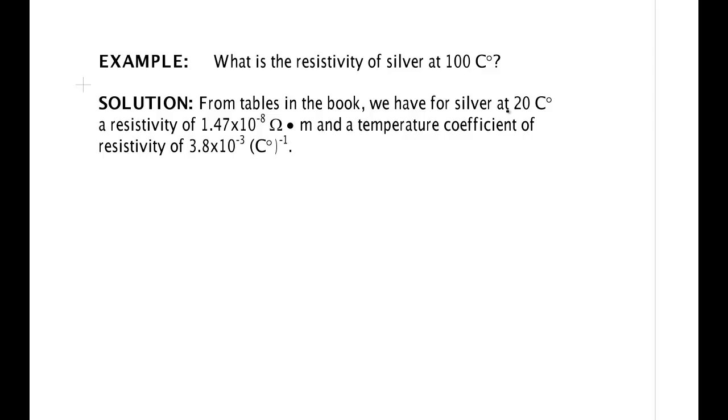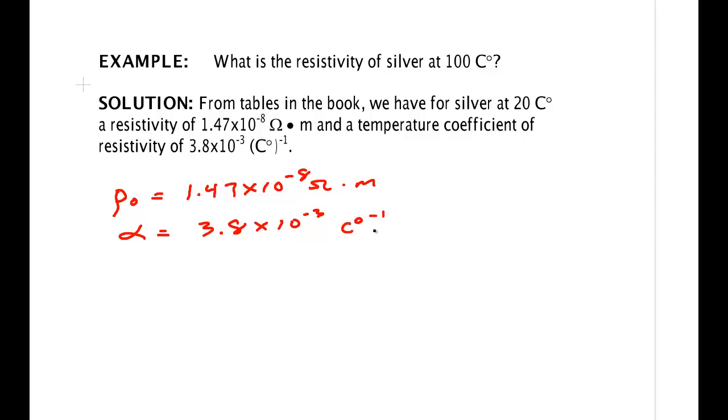It says we have silver, and they want to know the resistivity at 100 degrees. Well, I know it at 20 degrees. It's 1.47 by 10 to the minus 8 ohm meters. And they tell me alpha is 3.8 times 10 to the minus 3 per degree Celsius. And I know that delta T is 100 C minus 20 C, so that's 80 degrees.